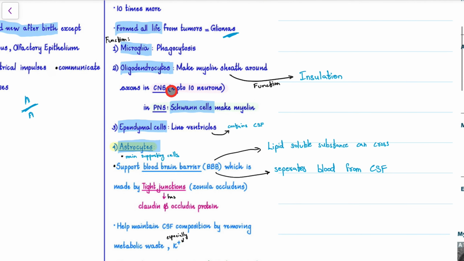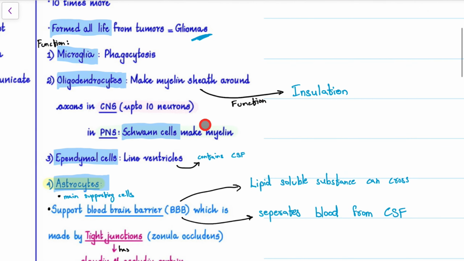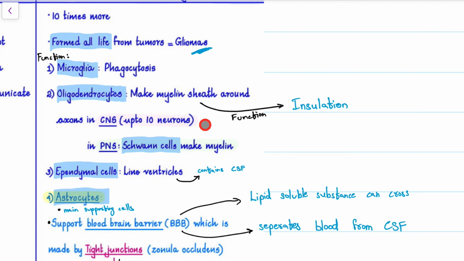And then there are the oligodendrocytes, which make the myelin sheath around a neuron. For example, this is a neuron. It is like an open electrical cable. In an open cable, when electricity passes, it's not safe, right? It has to be insulated around.